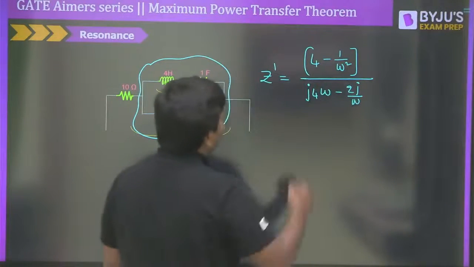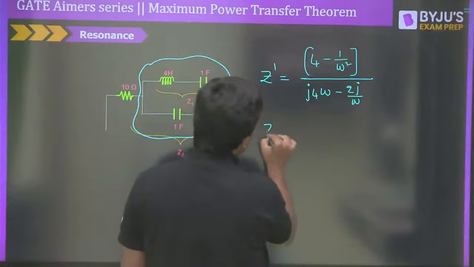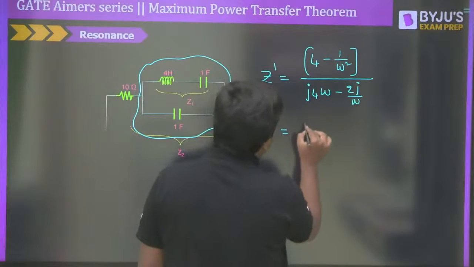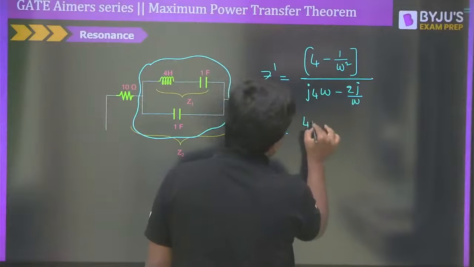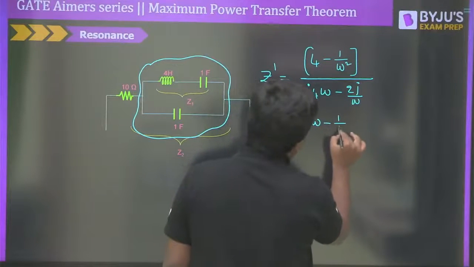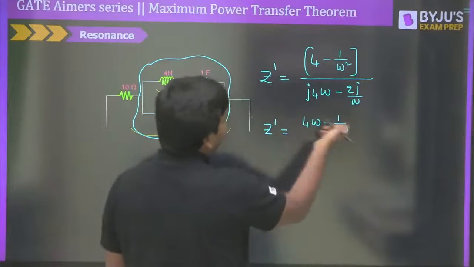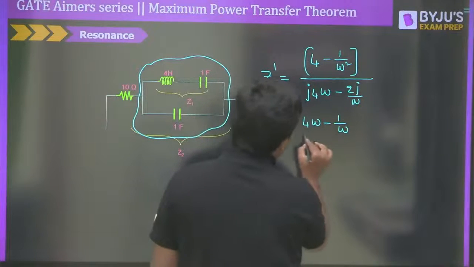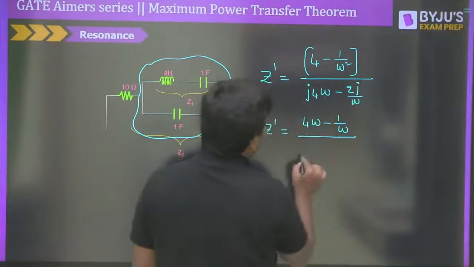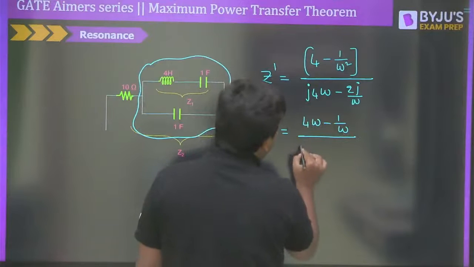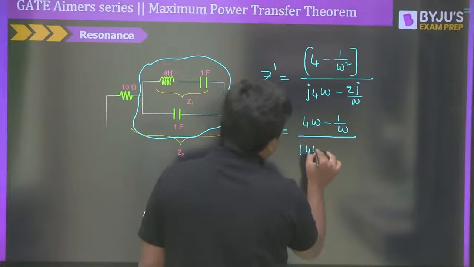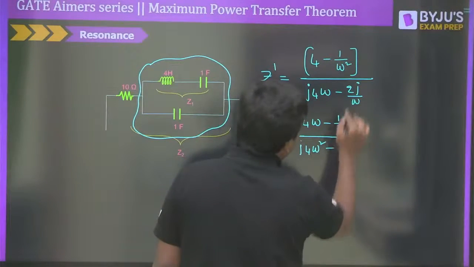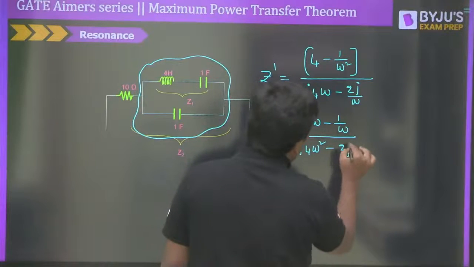Clear? Now obviously if you multiply properly you will get 4 times of omega minus 1 divided by omega in the numerator, because it goes and multiplies in the numerator, and of course in the denominator what will you have? In the denominator you will have j into 4 omega square and minus 2 times of j, right? So minus 2 times of j.